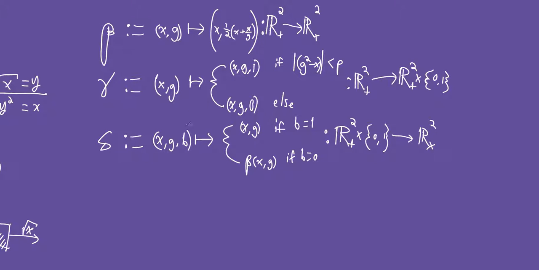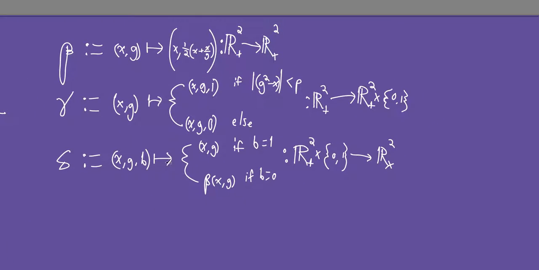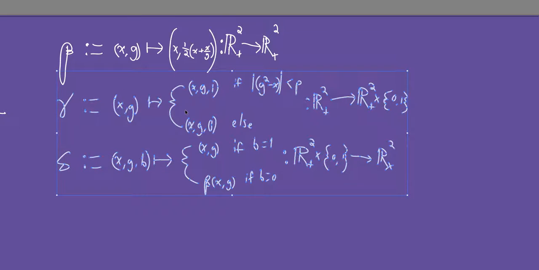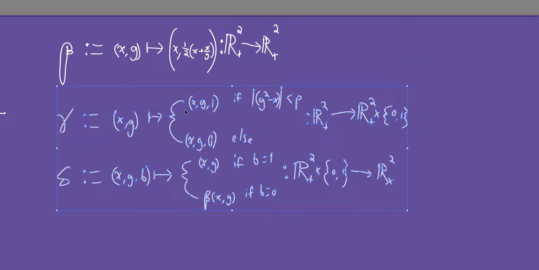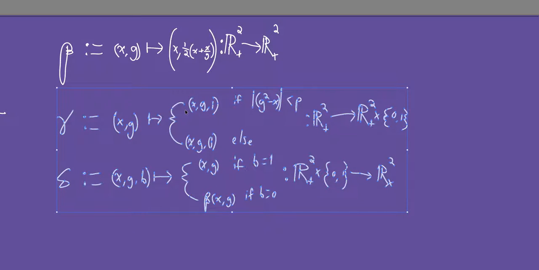Let me zoom out a little bit so we can see a little better. There's our beta, our gamma. There's a bunch of stuff going on here, but all the information you need is here. Let me space it out a bit so it's a little more readable.